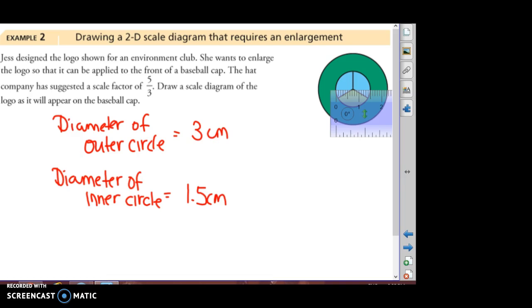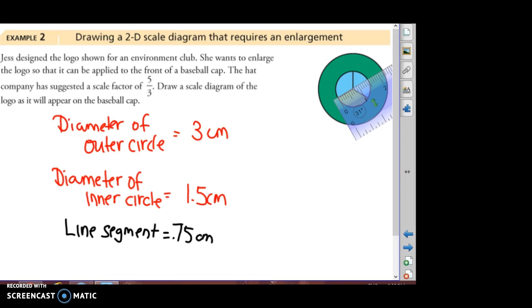And the length is about 0.75 centimeters.